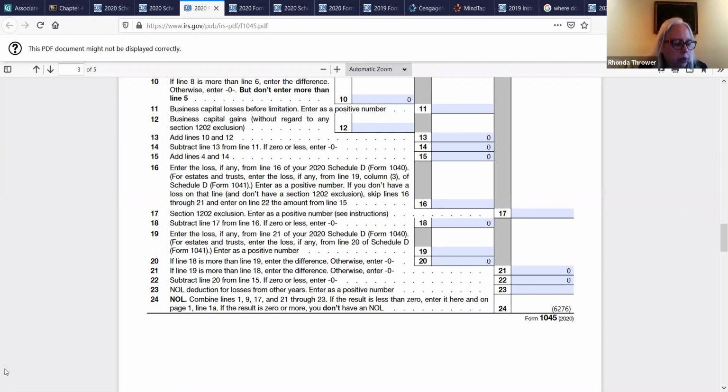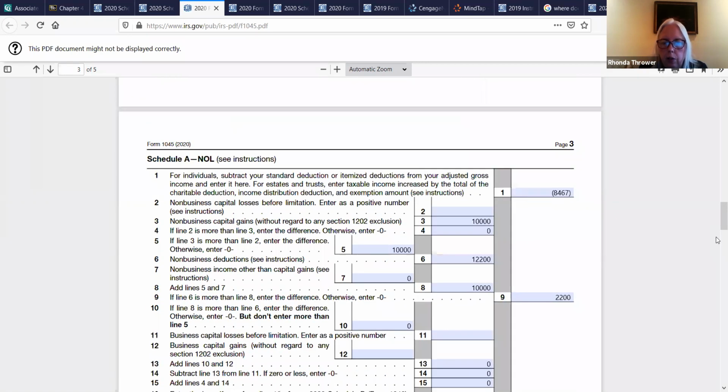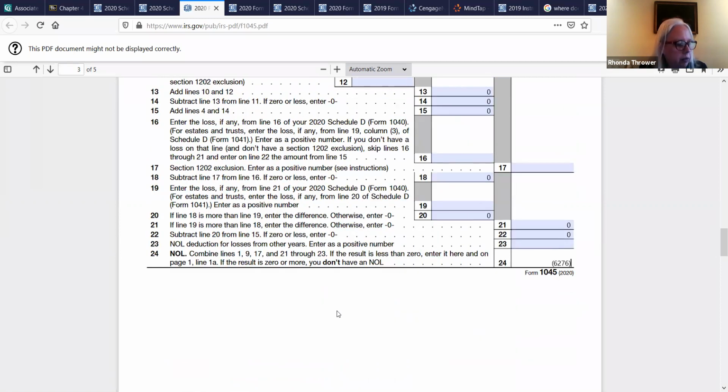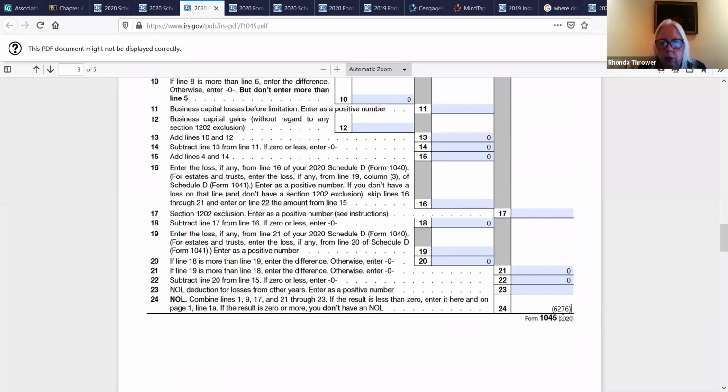And I believe that if you pull it off of what we've got printed on for 2019, you would have a line 25 here that would say 6,276. But anyway, we're combining lines 1, 9, 17, and 21. So 1, 9 combined together is how they get this amount here. And this is the net operating loss.